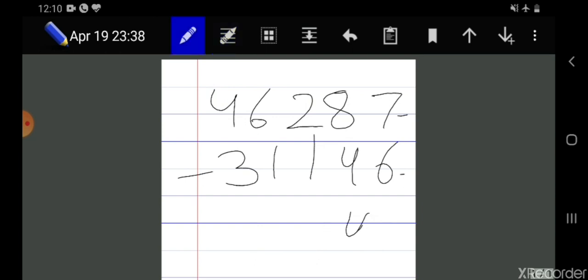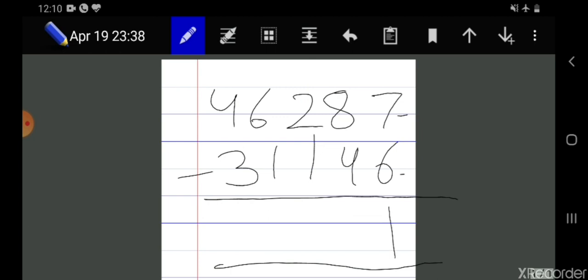We will again do the calculation. 7 minus 6 is 1, 8 minus 4 is 4, 2 minus 1 is 1, 6 minus 1 is 5, 4 minus 3 is 1. So the answer is 15,141.